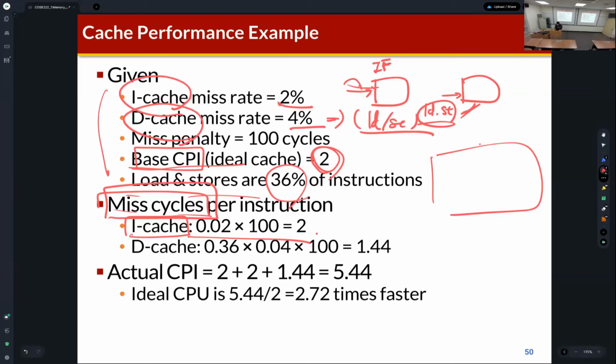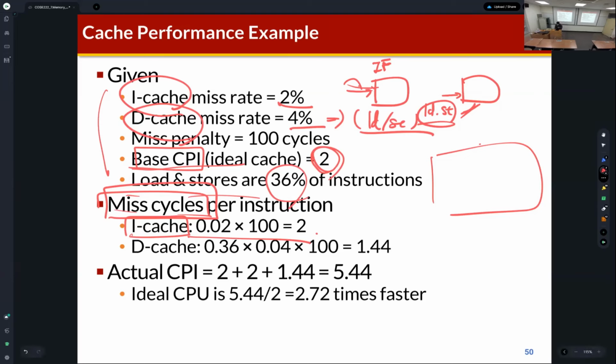So 2% of instructions encounter cache misses, and the miss penalty is 100.